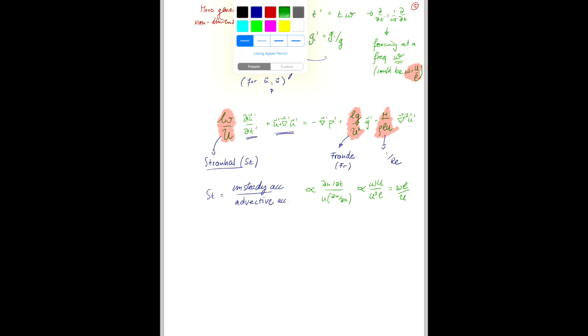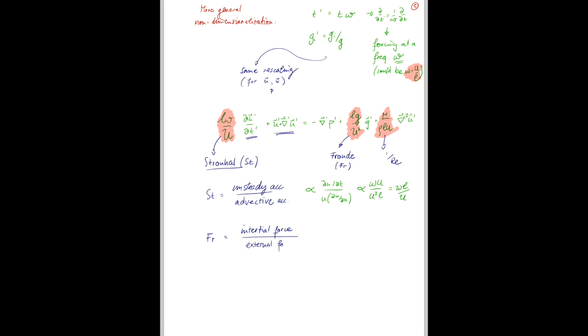Now the Froude number basically tells you how important the inertial term is. So the inertial force versus the external force, in our case mostly gravity, and it's really the square root of that actually. So if I do the same scaling here, we have rho u du/dx divided by rho g to the power of a half.